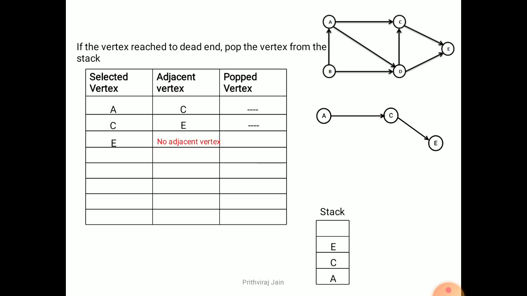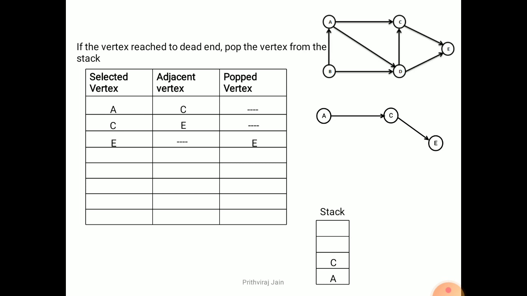Here we can observe that when it reaches E, from E there is no path, so that itself is a dead end. The adjacent vertex is nil and we pop the element from the stack. So the popped vertex is E.